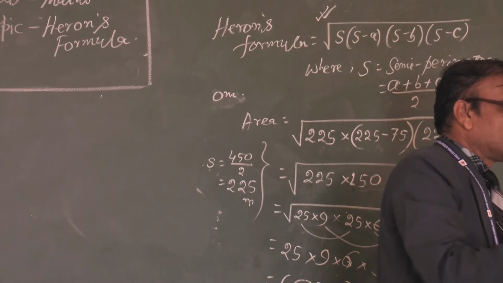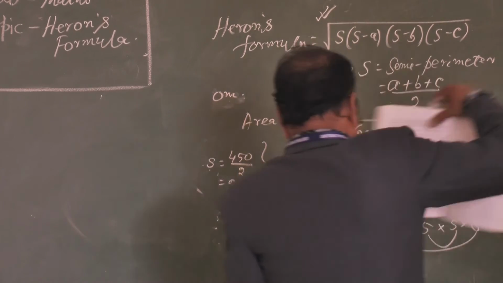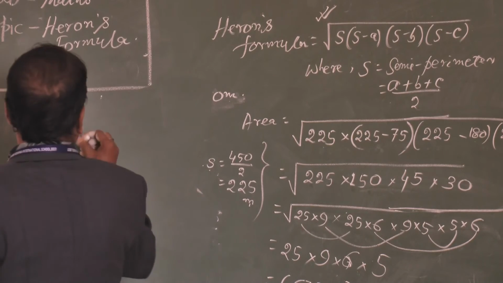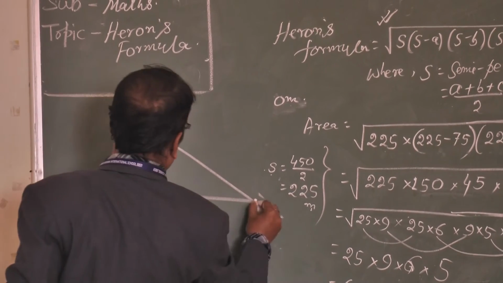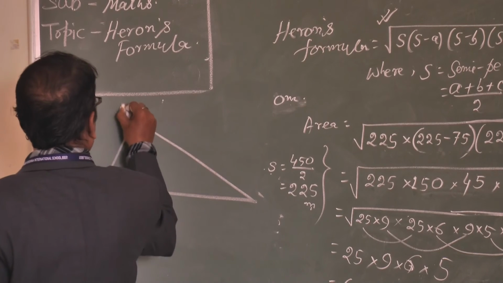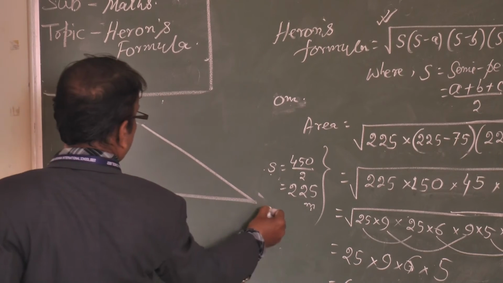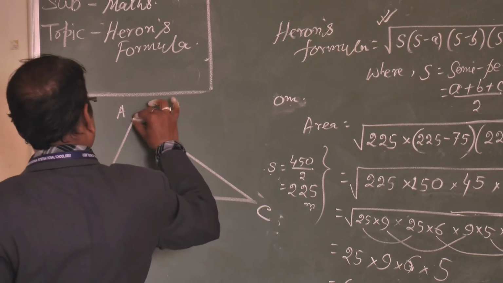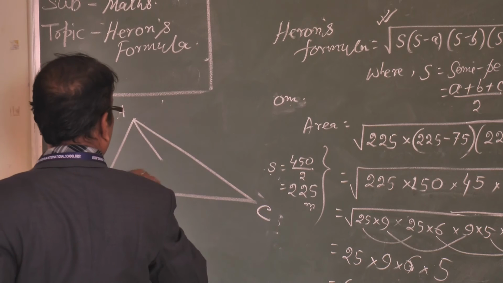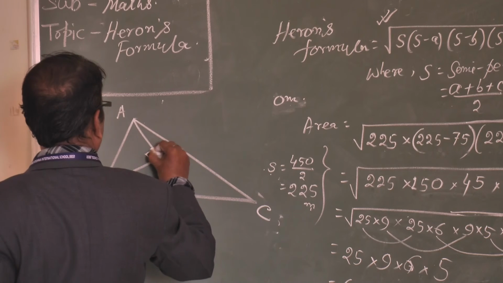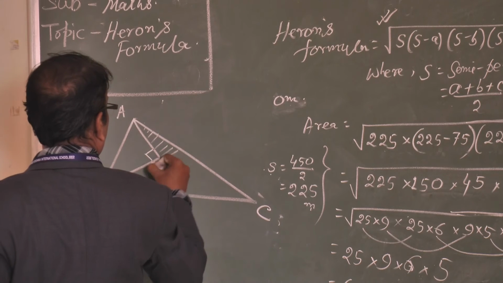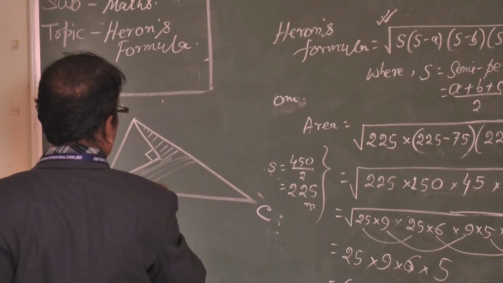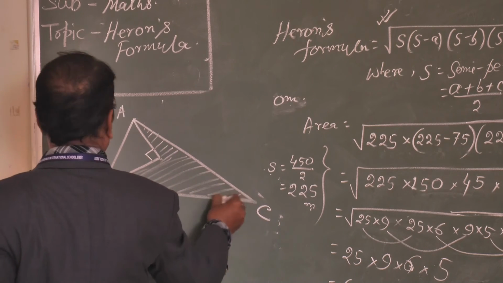The final question has one figure given in the book. It is A, B, C, and this is your 90 degree. It has asked to find the area of this shaded portion.